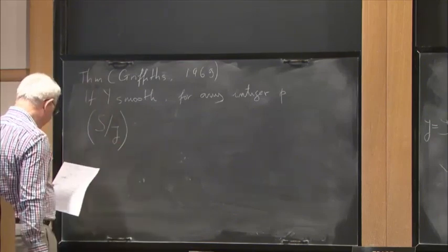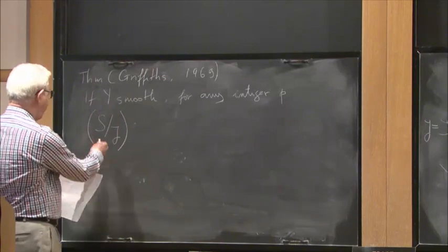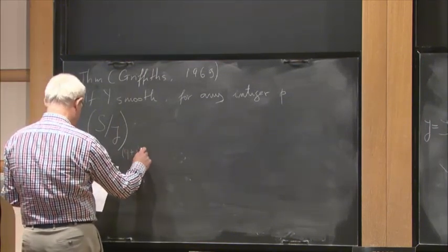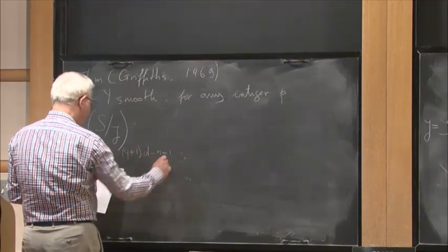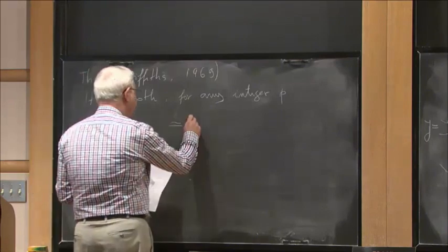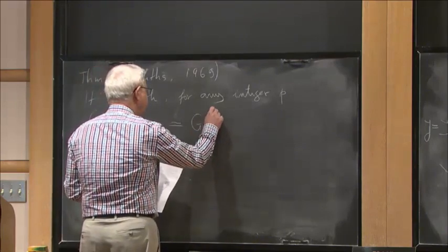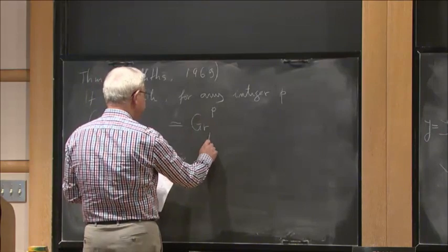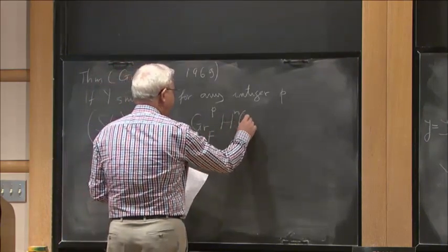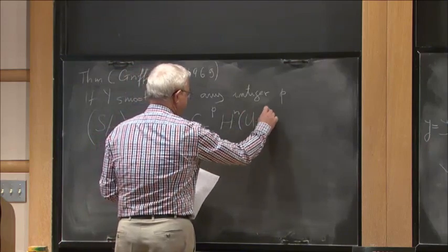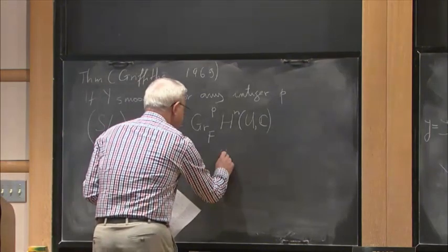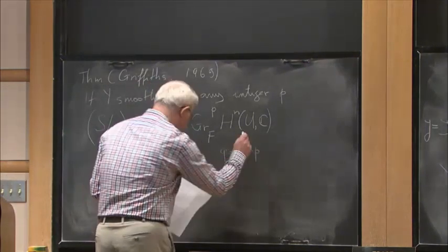If I take some homogeneous component, more precisely this homogeneous component, this is isomorphic to the p-th graded piece with respect to the Hodge filtration on the top cohomology of the complement. And here q is n minus p.